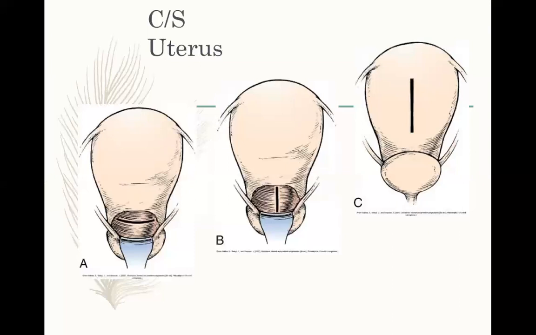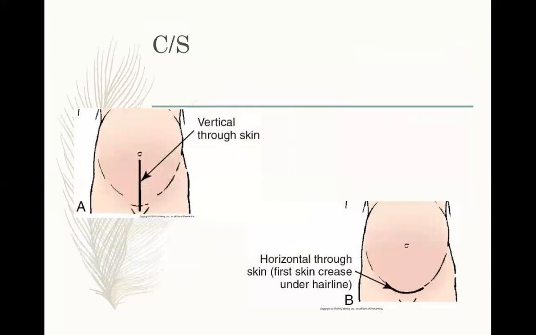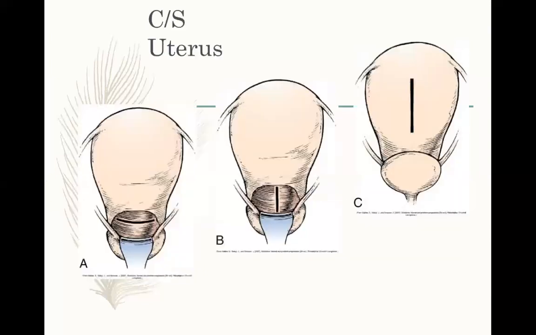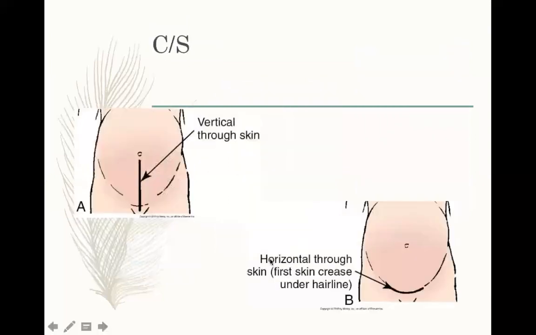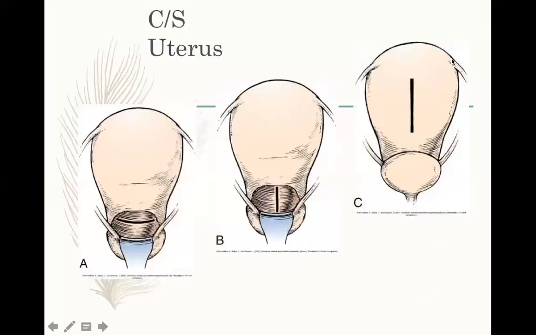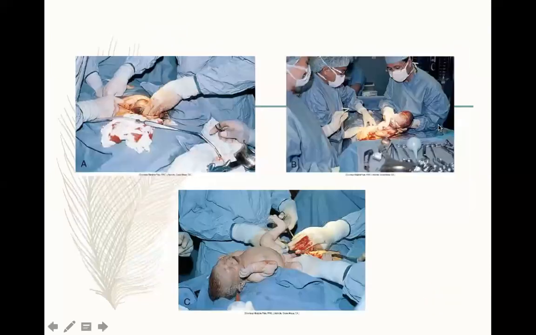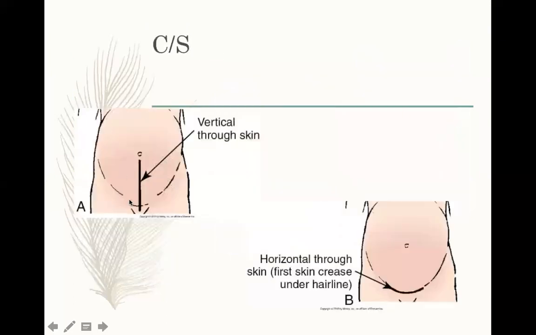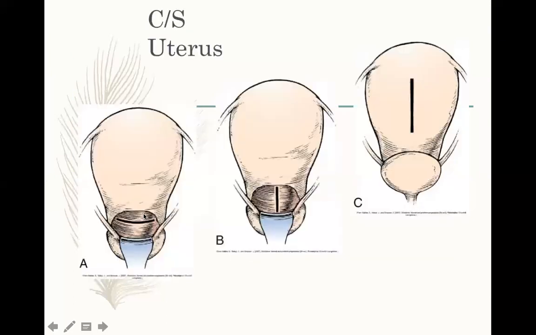So looking at the skin incision versus the uterine incision, we're going to want to ensure that we have adequate records of what type of C-section mom has had, because we can have a low transverse skin incision and have a vertical uterine incision, or vice versa. We could have a vertical skin incision and a low transverse uterine incision.